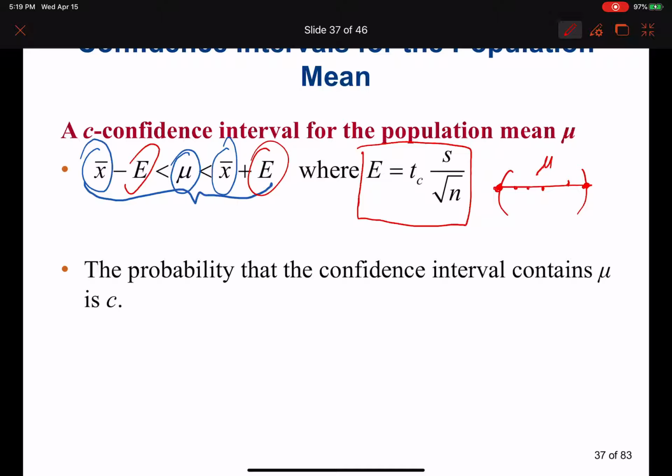You remember the formula for error for the Z score? The error for the larger population was the same way. Instead of T critical, we used Z critical. Instead of S, which is the standard deviation of the sample, we use the standard deviation of the population. Remember?